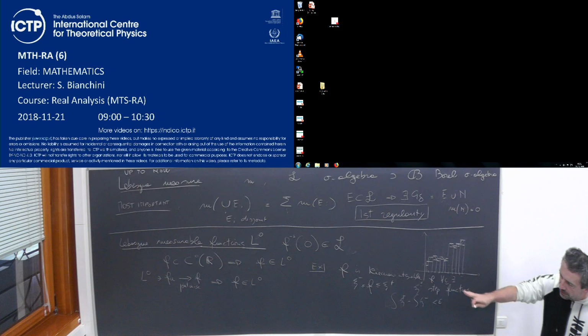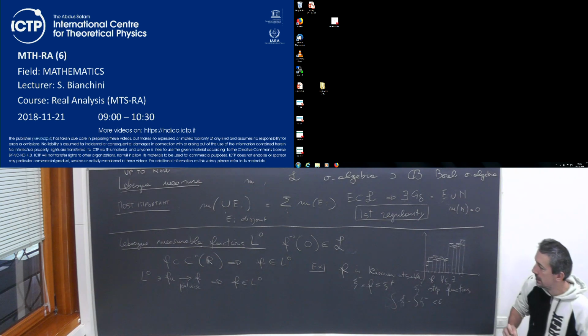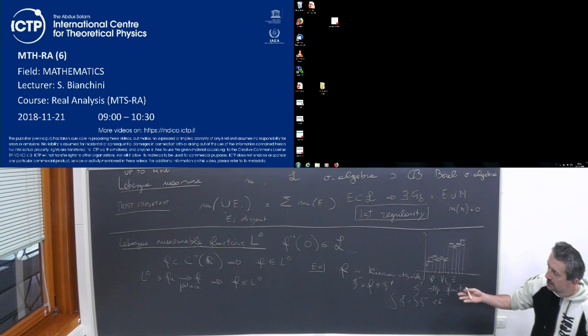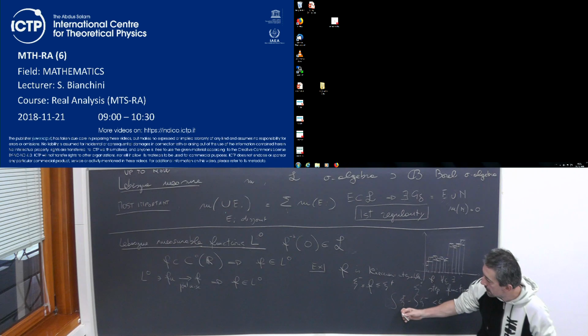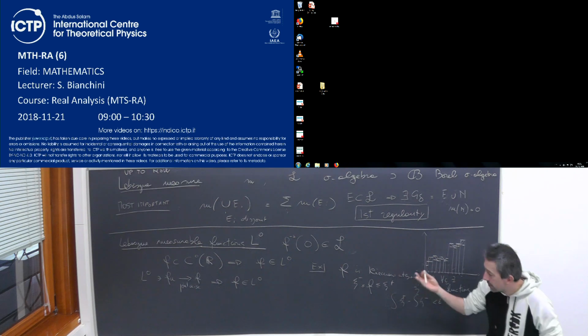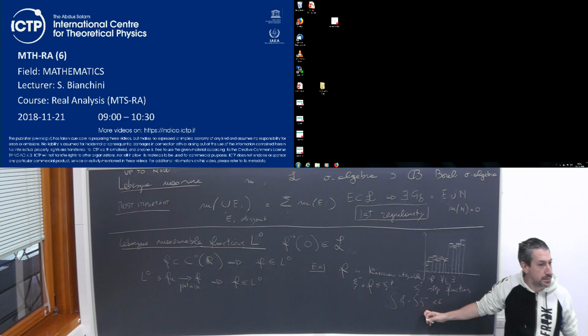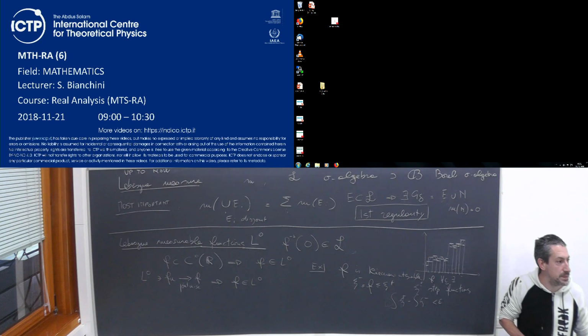Okay, so let's prove that fact. From this, it means that f is the pointwise limit of step functions, up to a set of measure zero.